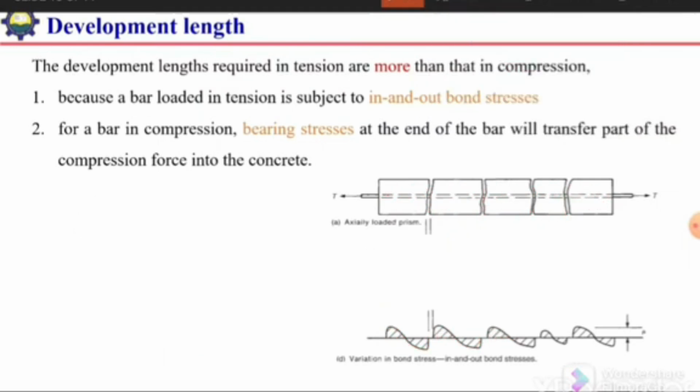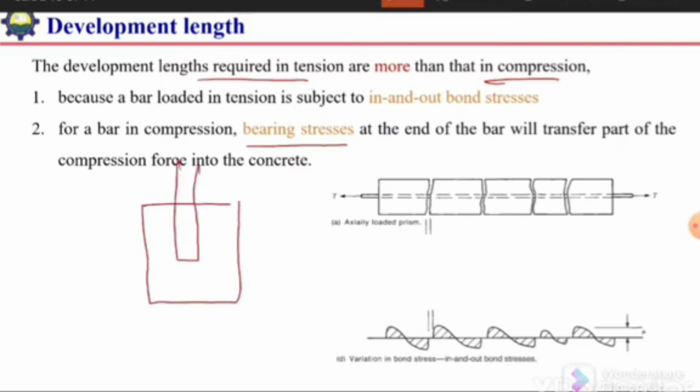Similarly, the second reason why the required length in tension is more than that of compression is that in compression there is end bearing as well as the bond stress that transfers the load from the bar to the concrete. For example, if we have a cylinder and a steel bar is embedded inside it, when we apply the load, this load will be transferred to the concrete by two mechanisms: friction at the side of this bar, at the surface area of the bar, and the end bearing.